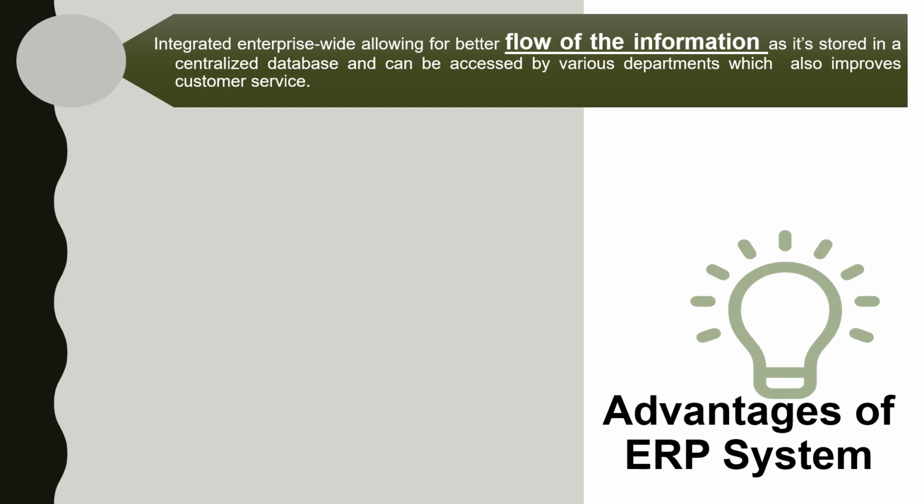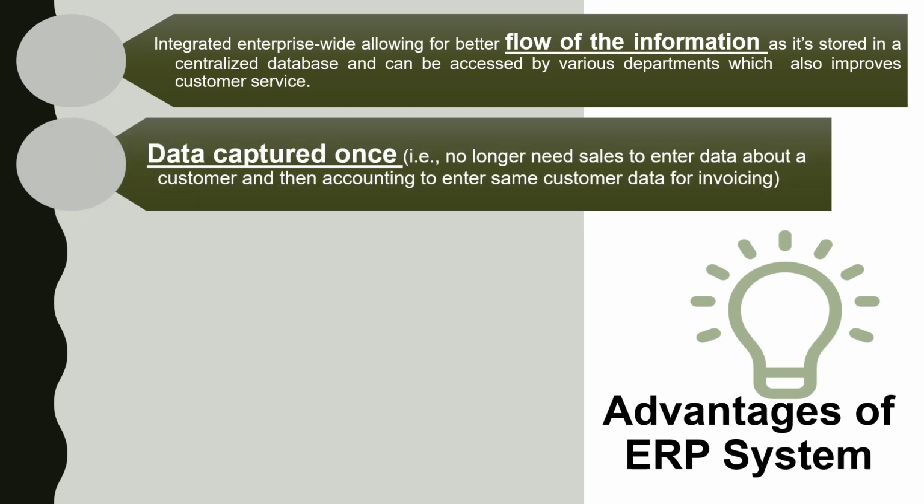The flow of information is improved due to the integrated enterprise-wide model, as it is stored in a centralized database and can be accessed by various departments, which also improves customer service.